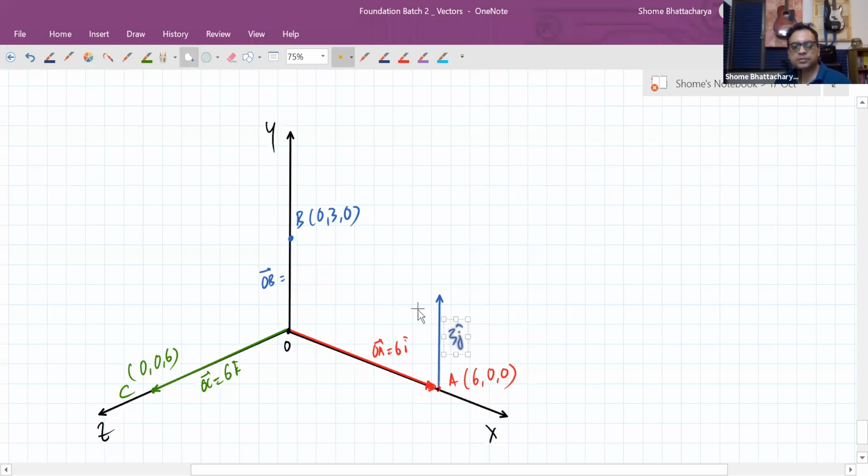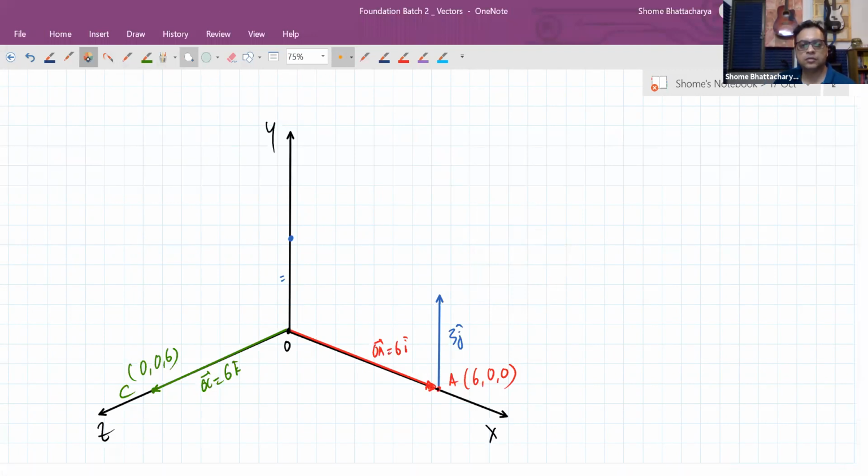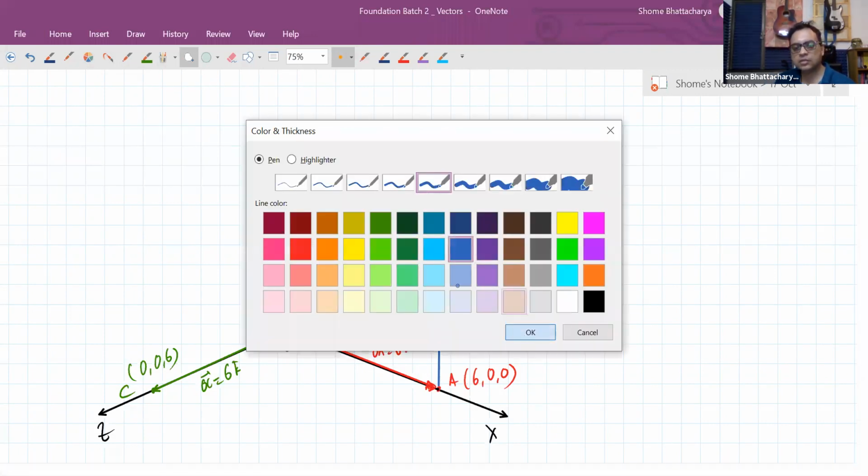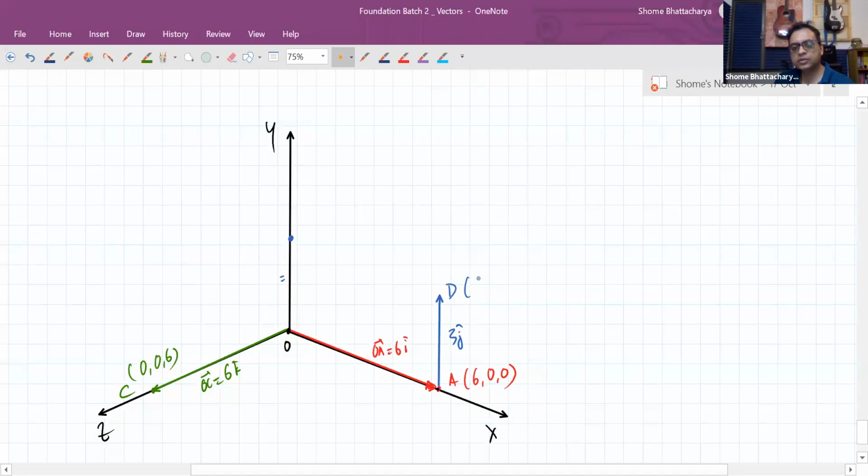This is my 3 j cap. So it's no longer OB, and this point is no longer going to be B. It's going to be a different point. Let's say this point is D, and what will its coordinates be? 6, 3, 0.